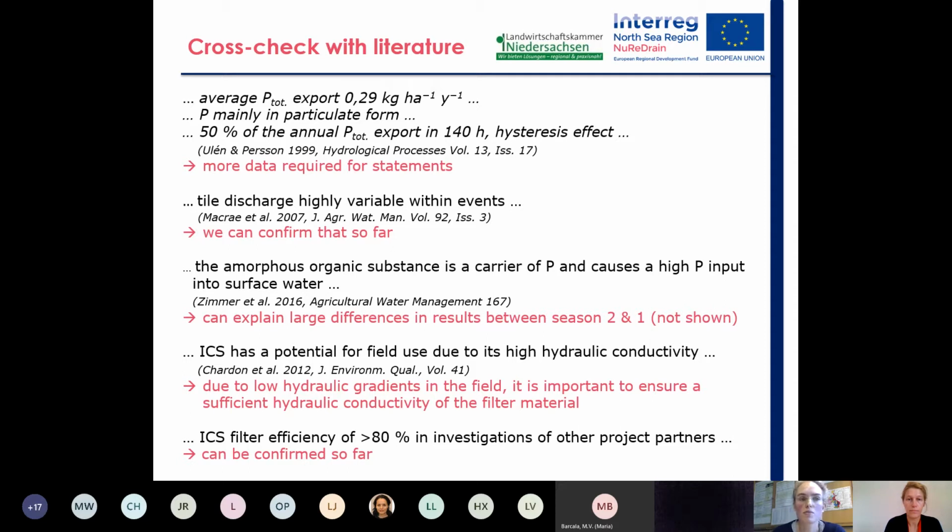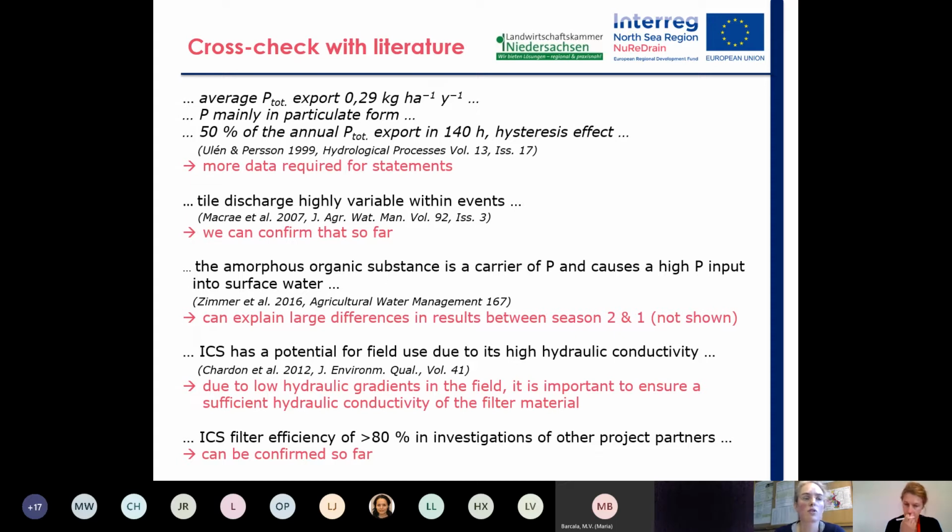This would help us to explain large differences between the results from season 2, which I presented to you, and the results from season 1, which I did not show because nearly all results were very close to the detection limit. So nearly no P discharge took place in season 1, and we did not observe the discharge of amorphous organic substance in season 1 as well.